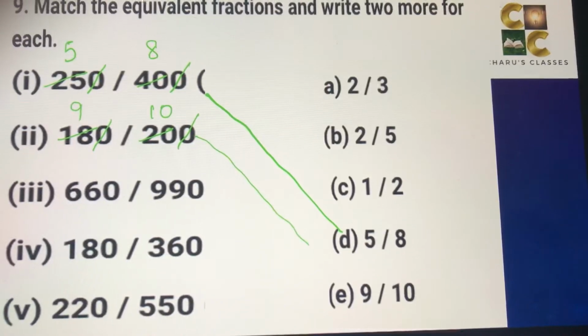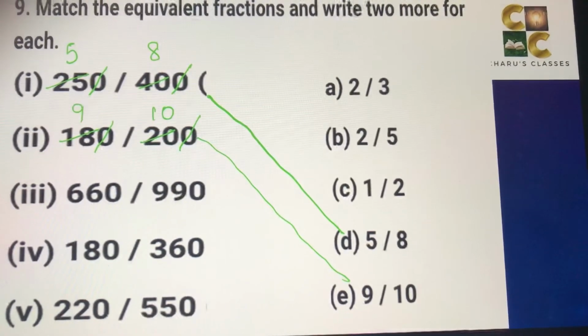So this is going to match the equivalent fraction 9/10.